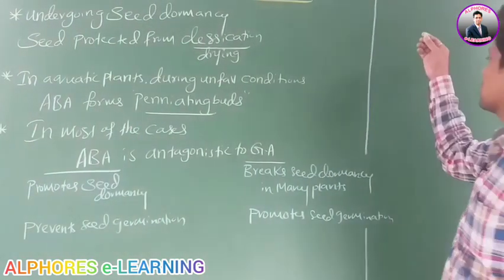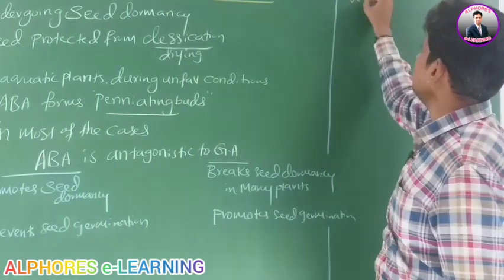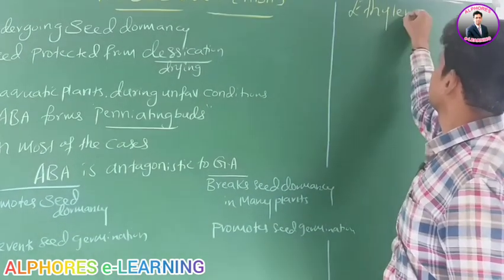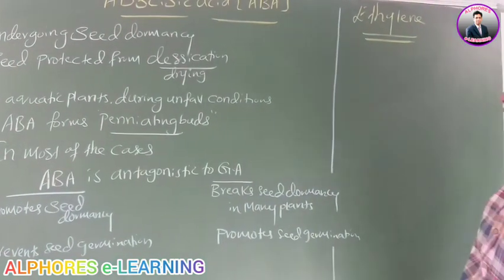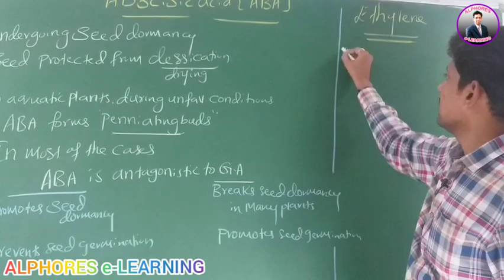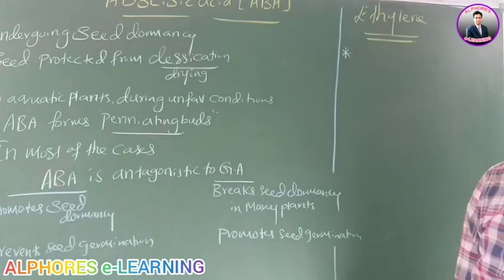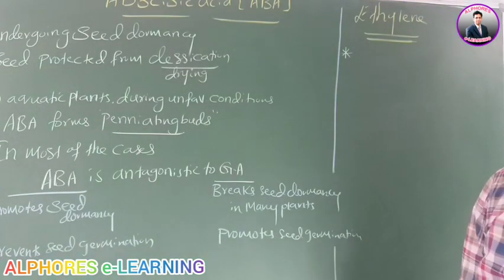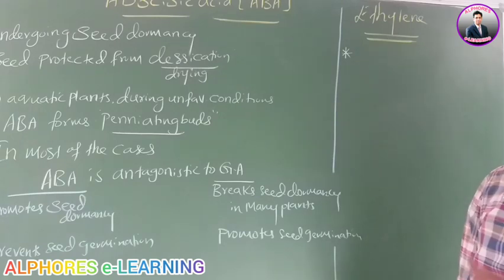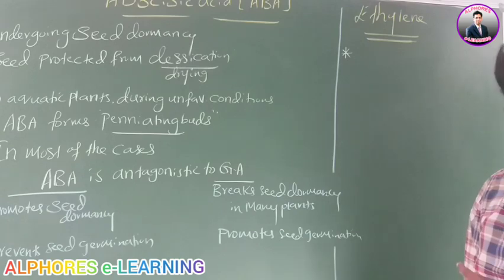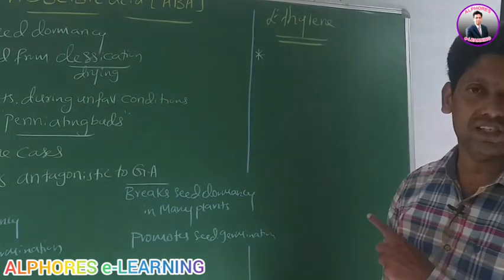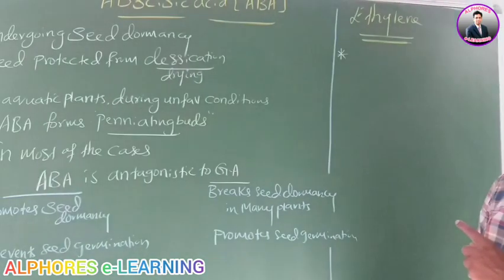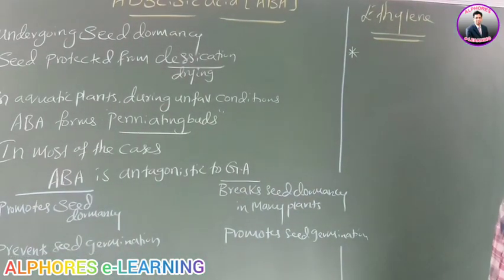Now go for the next one, ethylene. Okay, now listen here. This ethylene is a simple gaseous plant growth regulator. It has growth promoting activities and also growth inhibiting activities, but most of its activities are growth inhibiting activities. We discussed this statement in the introduction class. Yes or no?